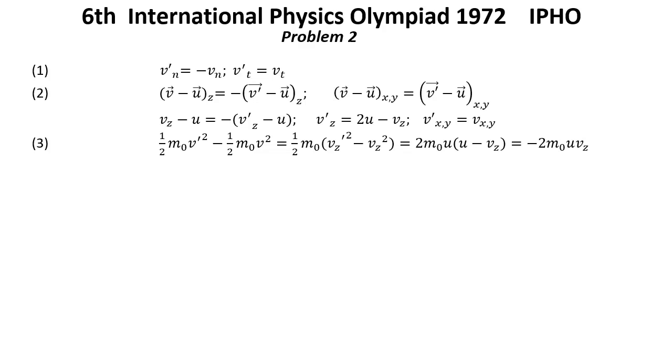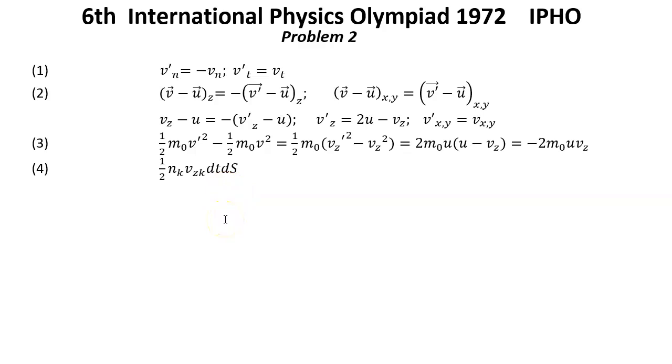If n_k is the number of molecules per unit volume with the speed component v_zk, then the number of molecules with this component which collide in the time delta t with the area delta s of the piston is this one: 1/2 n_k multiplied by v_zk multiplied by delta t and delta s.